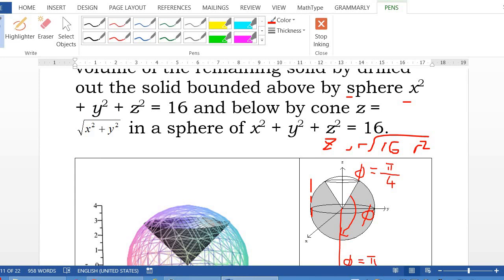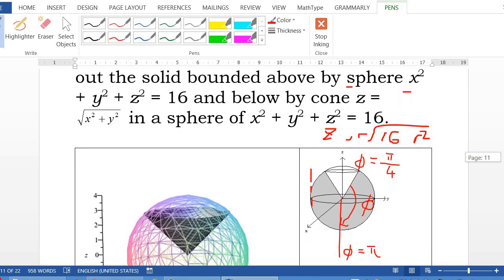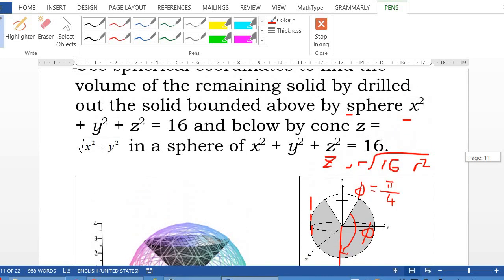In example 3 we found the volume of a sphere, but there the radius was 8. Now the radius is 4, and we have the volume of a cone where the upper surface is a sphere, and you notice it is the same cone equation, z equal to square root of x squared plus y squared.